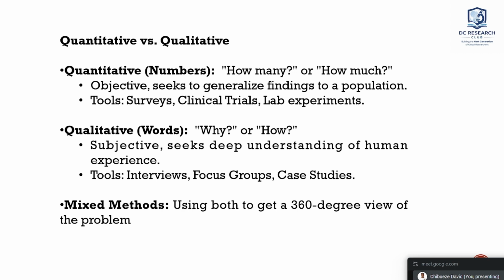Some of the tools for quantitative study include surveys to get percentages, to find how many or how much, to get the frequency, clinical trials, that is human experiments, experimental research, lab experiments, and the like. They have to do with numbers, one way or the other. They generalize findings to a population.